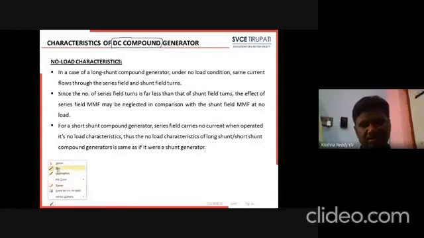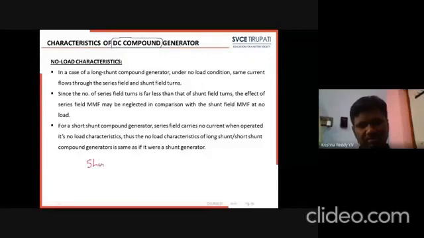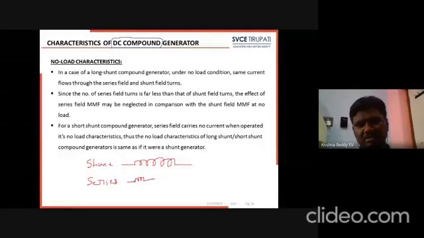Anyone can respond. In a shunt generator, we have only the shunt field winding, which has a large number of turns and thin wire. In a series generator, the series field winding has fewer turns and thick wire. In a compound generator, we have some amount of shunt winding turns and some amount of series winding turns.